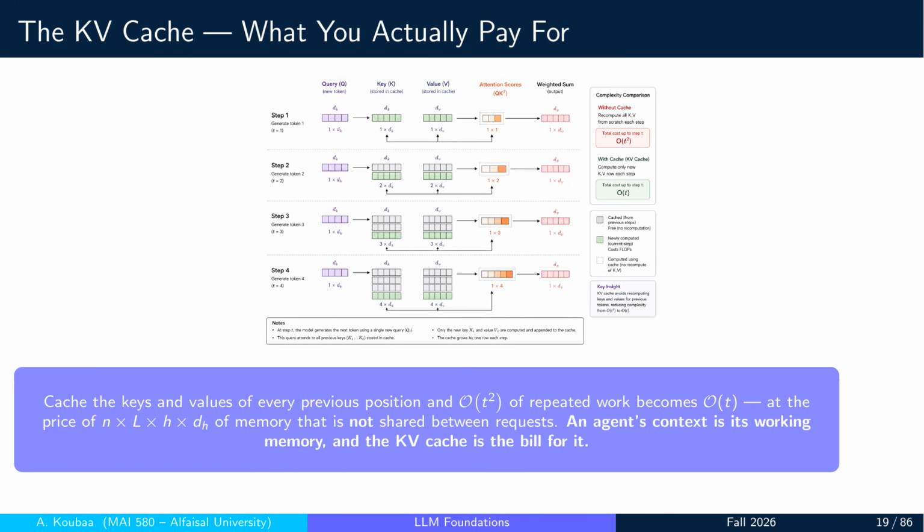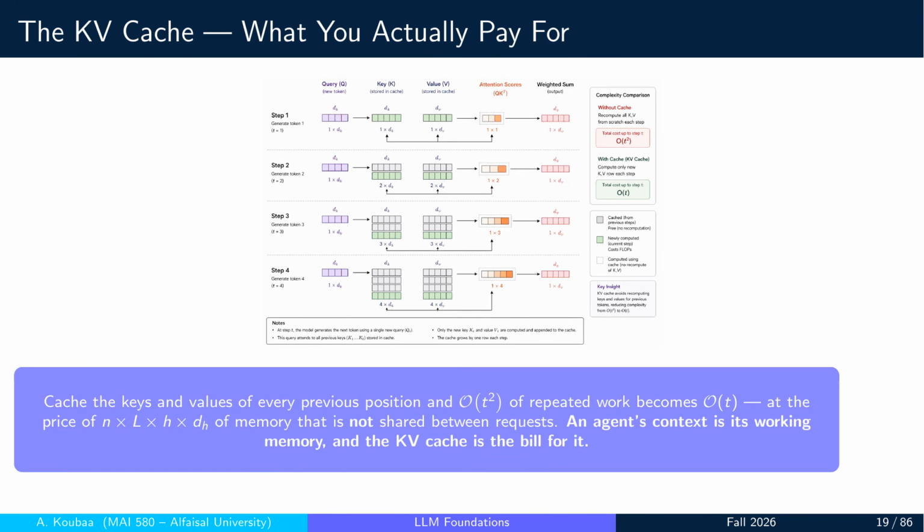Work that was order t squared, repeated at every step, becomes order t. Quadratic becomes linear. That is a large saving, and it is the reason generation is affordable at all. At a context of 100,000 tokens, the difference between quadratic and linear is not an optimization. It's the difference between a product and a research demonstration.